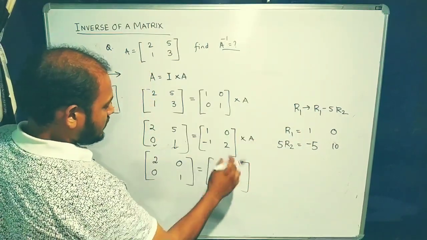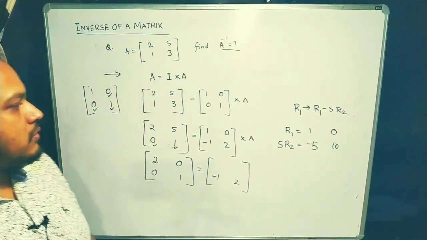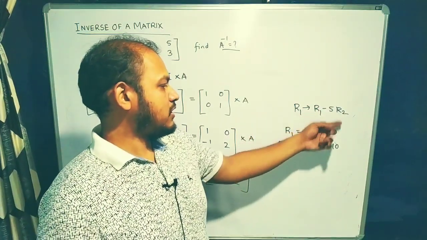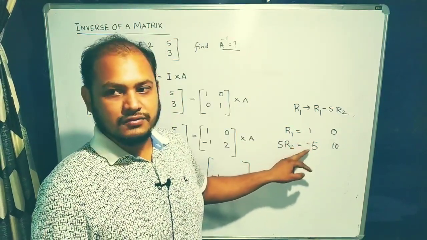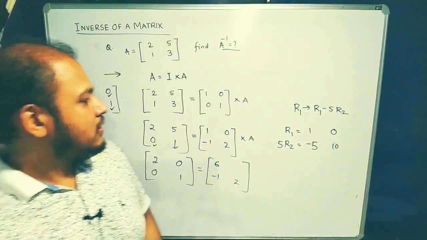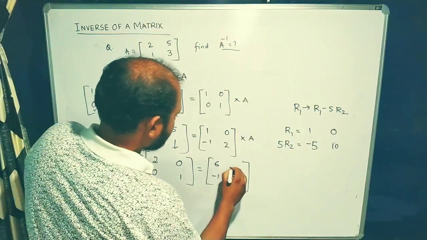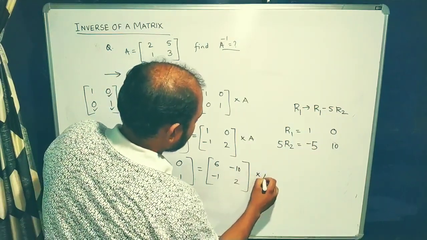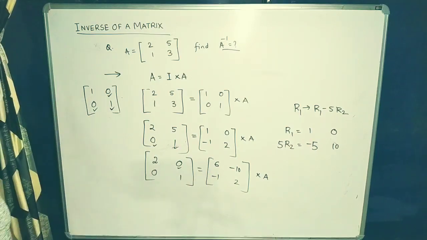So place R2 as it is and concentrate on the first row. First row gets changed to R1 minus 5R2. So R1 minus 5R2 is 1 minus minus 5, which means 1 plus 5, and that is equal to 6. So we have a 6 at this position, and then 0 minus 10 is equal to minus 10. Place it here, multiplied by A. So we have successfully attained a 0 at this position also.